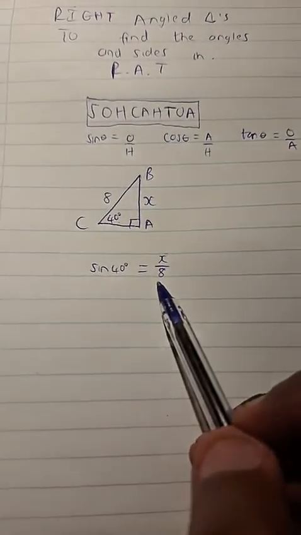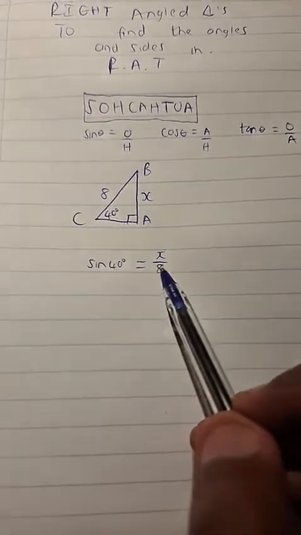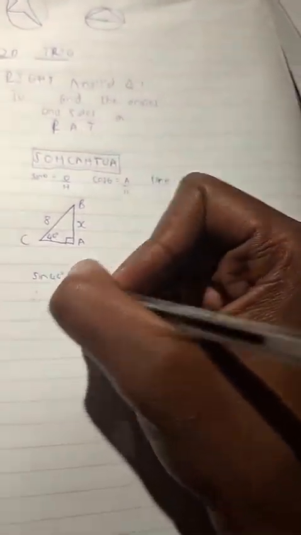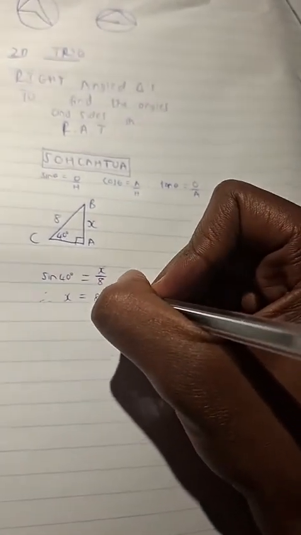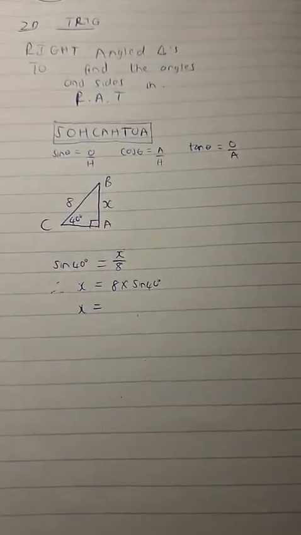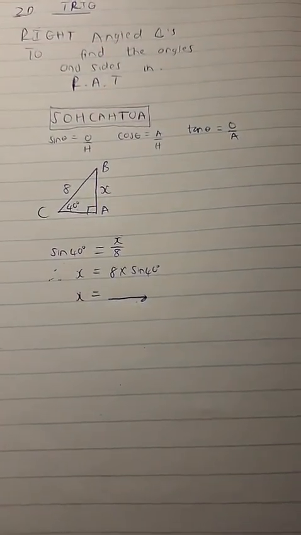Then you want to find the value of x. This is x over 8. This is your denominator, which is 8. You multiply by 8 both sides, which means, therefore, x is equal to 8 times sine of 40 degrees. You punch this into your calculator, you get a value of x.